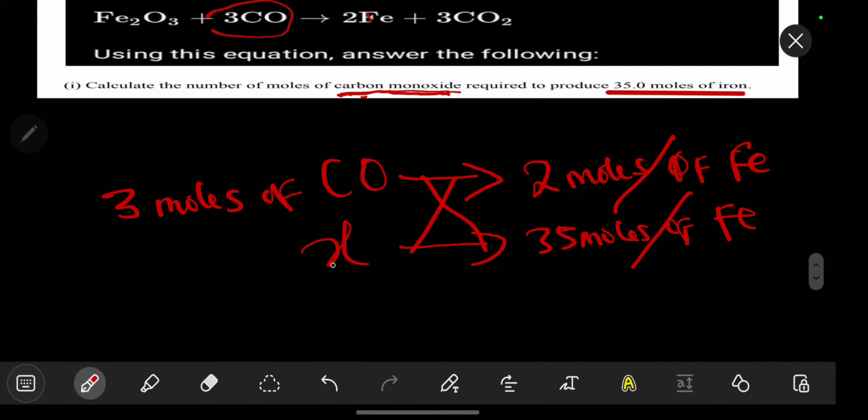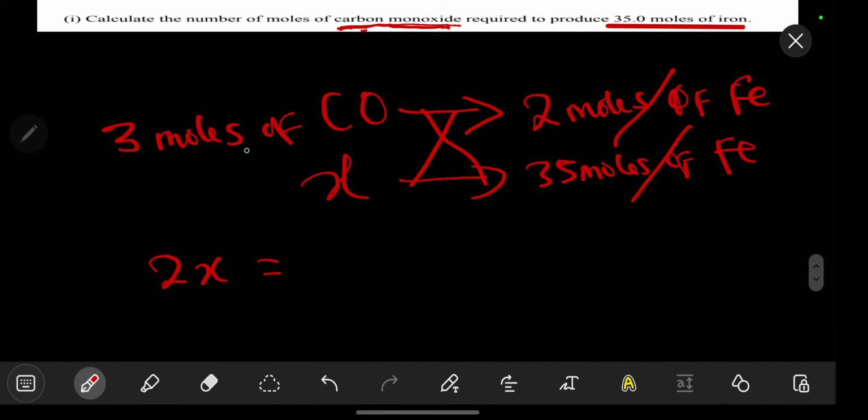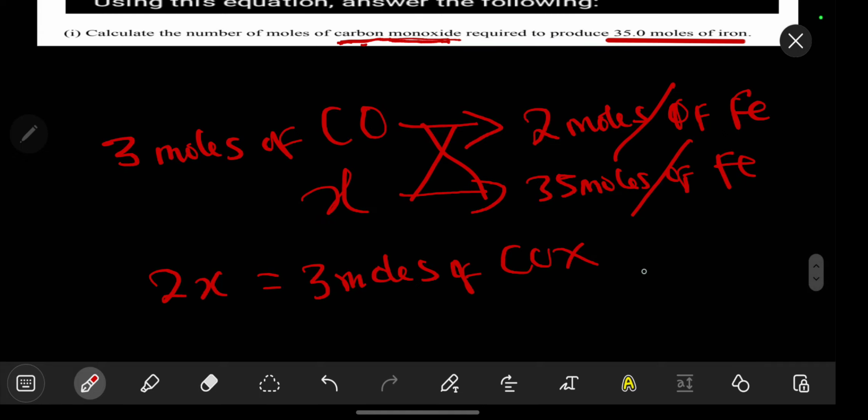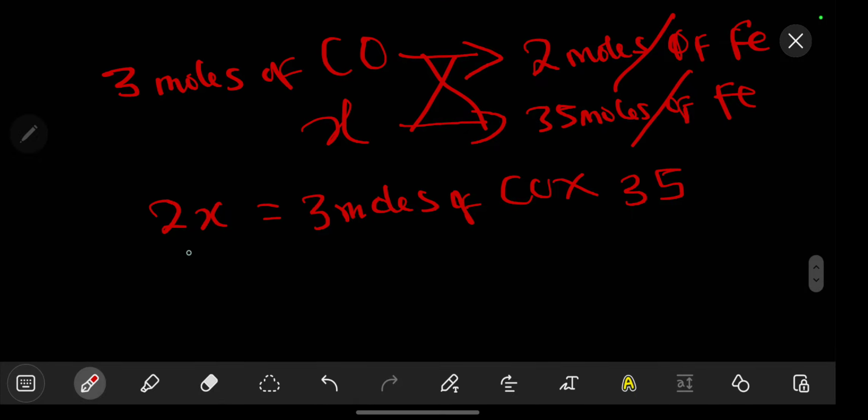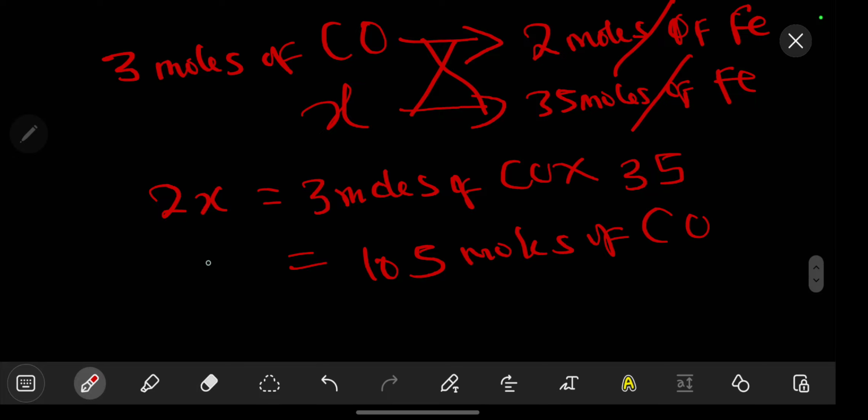So you have 2 times x, so 2x should be equal to, we have these 3 moles of CO, you multiply it by 35. This gives us a value of 105. When we multiply 3 times 35, 105 moles of CO like that.